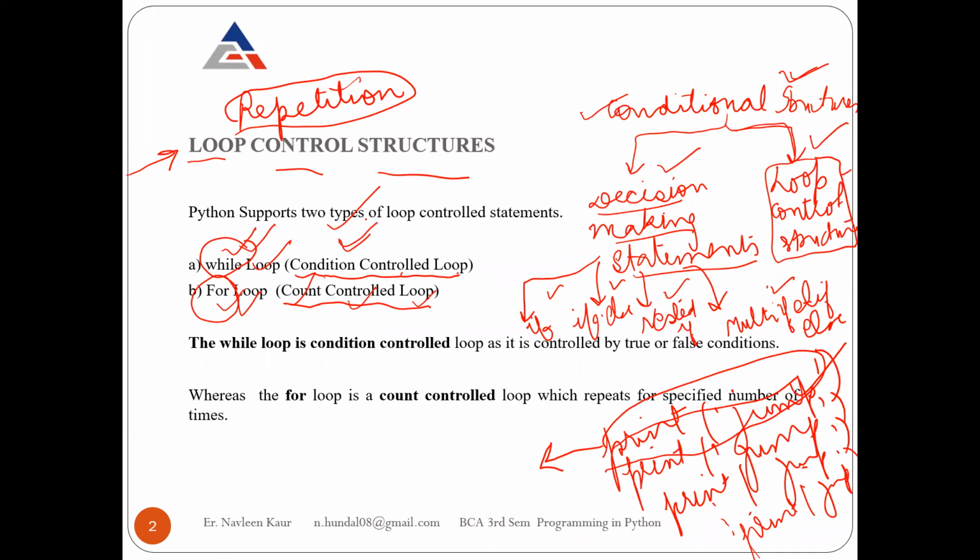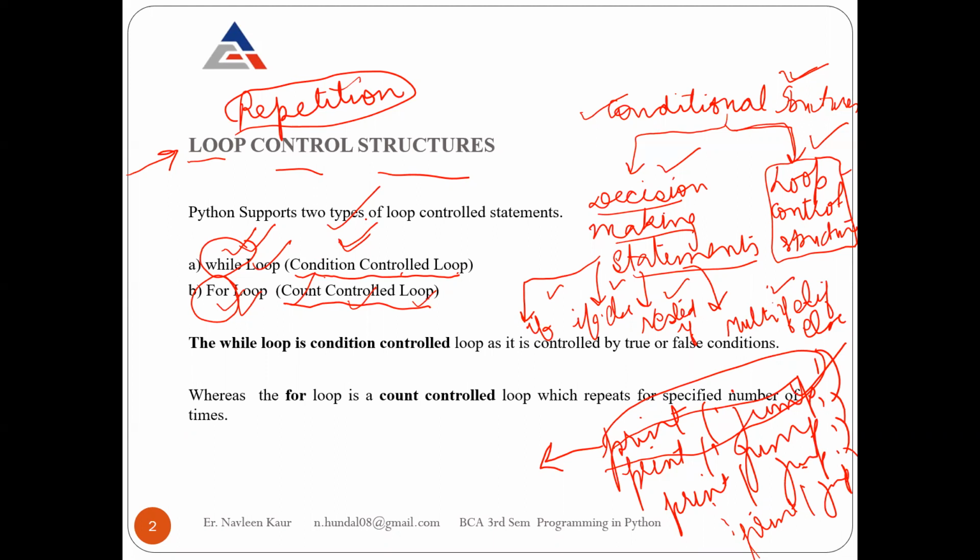If the condition is still true, you again run the statements, and again after running the statements, you keep on checking the condition. You wait that your condition will become false, and when the condition becomes false, your while loop stops working. It means it is controlled by the condition.